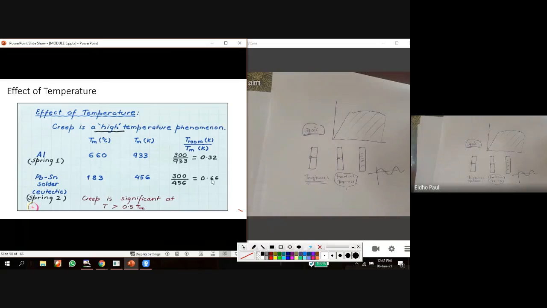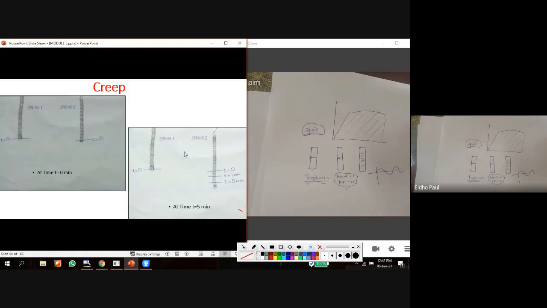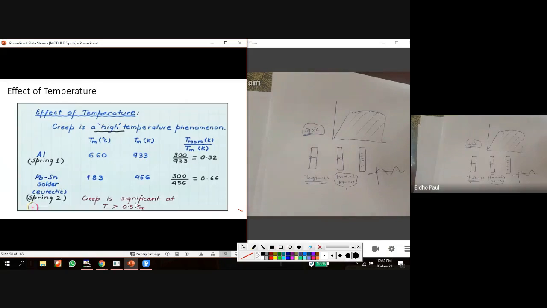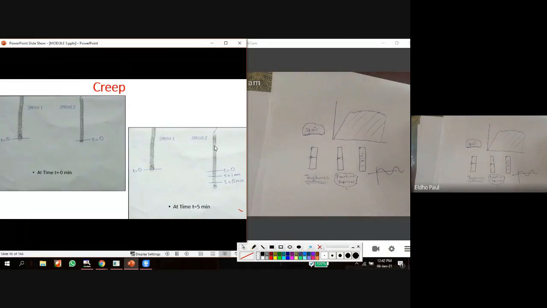If the temperature at which this phenomenon occurs is greater than 0.5 times its melting point, here it is 0.66, which is greater than 0.5. That is why the lead tin spring is subjected to creep failure or elongation.